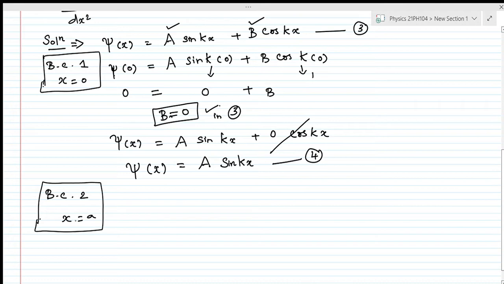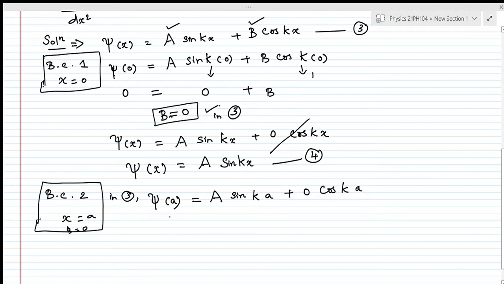Now applying x is equal to a as well as the arbitrary constant B equal to 0 in equation 3, we get psi of a is equal to A sin ka plus B as 0 times cos ka.